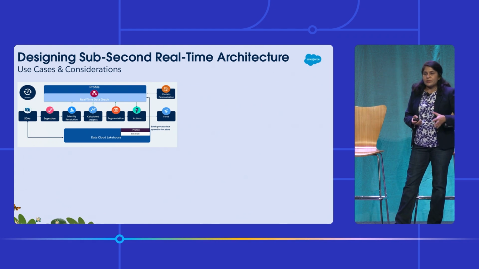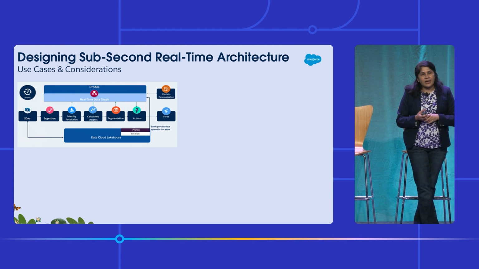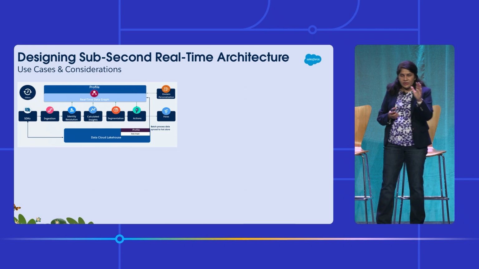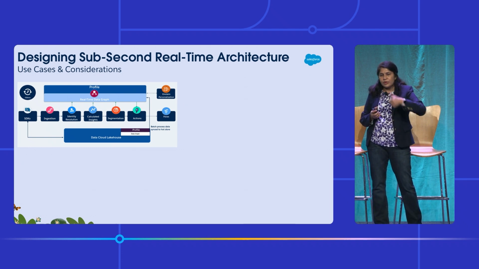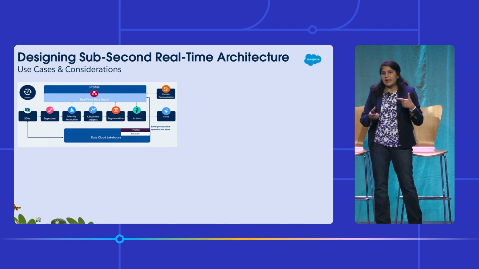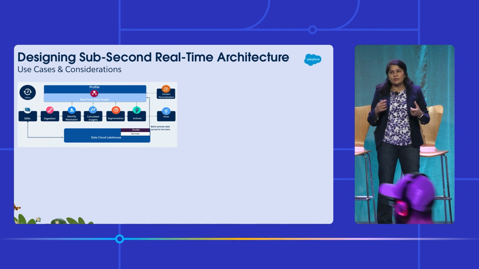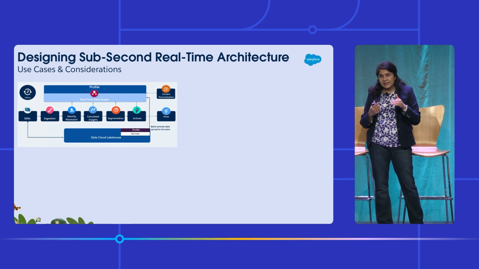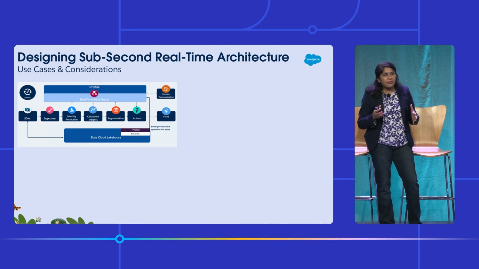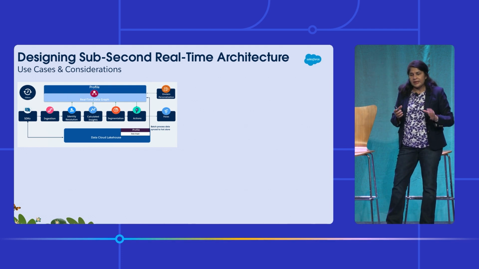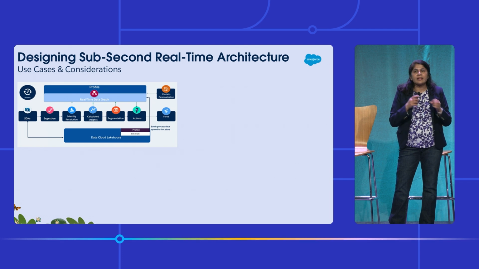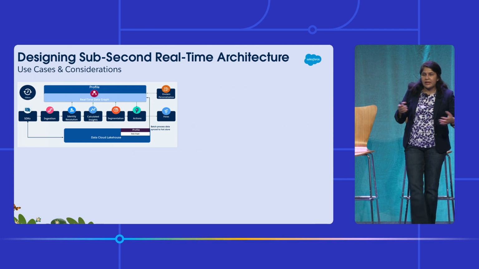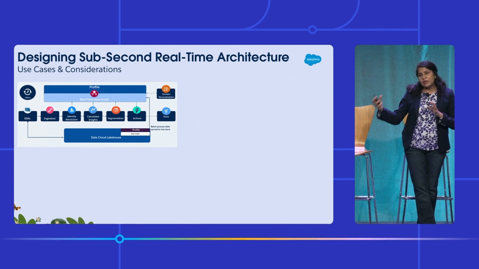And moving on to the sub-second real-time architecture. This is the one where, as you can see, in real time through SDKs, data, as the interactions are happening, as the clicks are happening, as the customers are clicking through something, or as they are looking through a web page, in real time that data is ingested. And not only that, the powerful capability here is that in real time identity is resolved as well. I may be looking at CNN.com, but I may be using a different profile to go through that CNN.com.